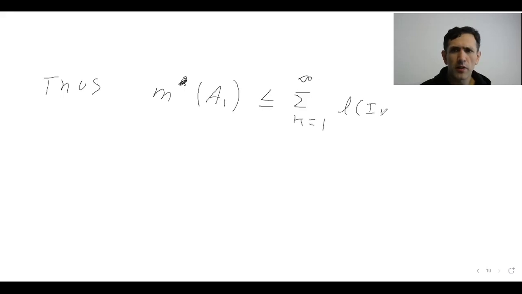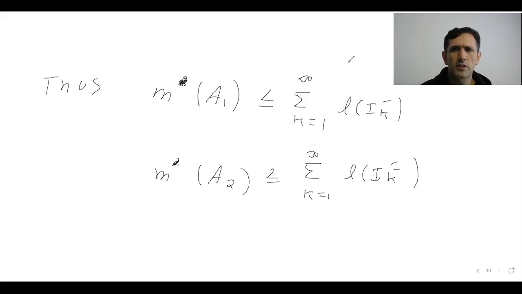So this sum of lengths of covers of A1 is bigger or equal to the infimum. The infimum is a lower bound. And we also have the same thing for A2. The outer measure of A2 by the infimum definition is less than or equal to the sum of the lengths of these intervals.